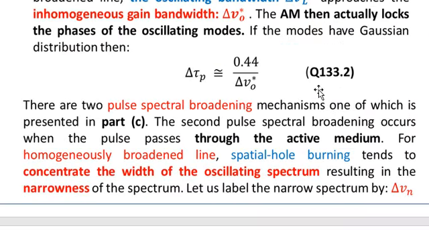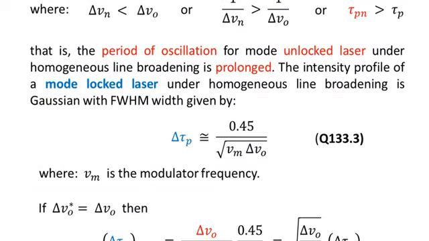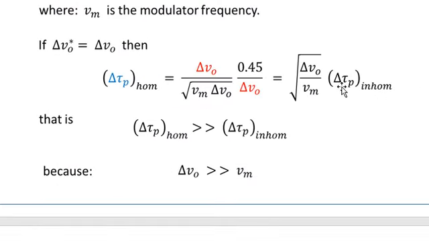For example, this one from equation number 2, that is 0.44 divided by delta nu naught, because we are assuming that delta nu naught star is equal to delta nu naught. Under that condition, I can write delta tau p for the inhomogeneous case.